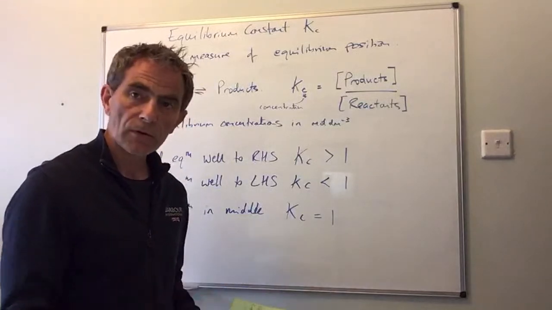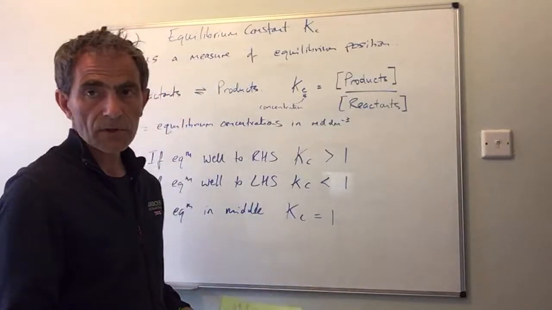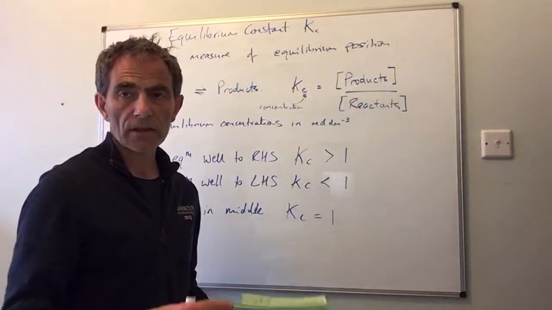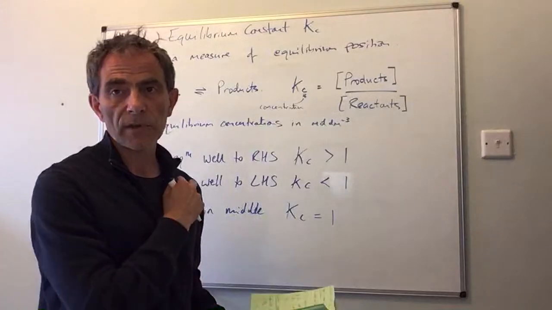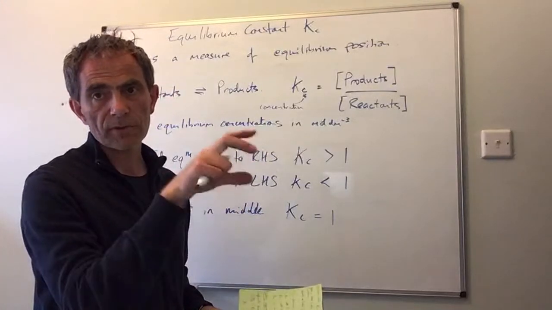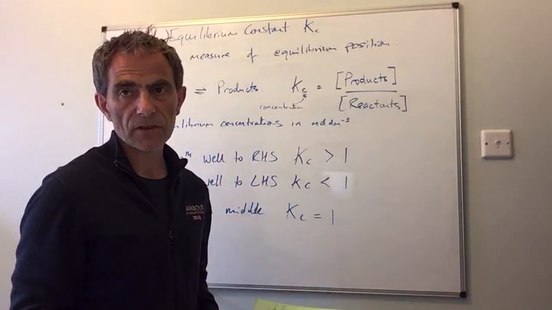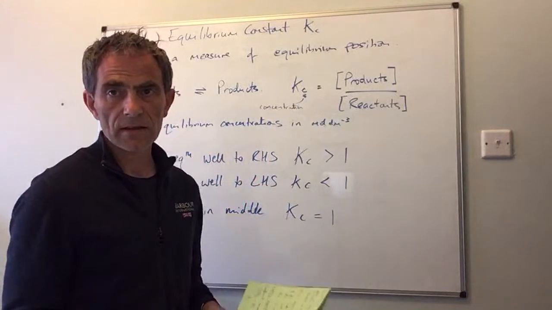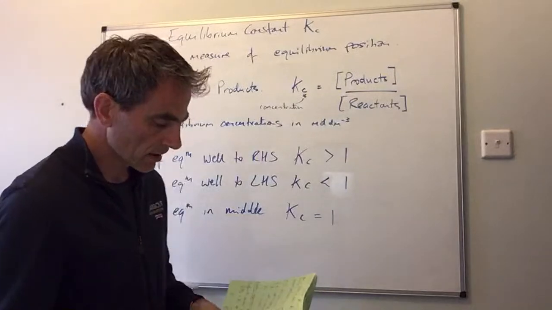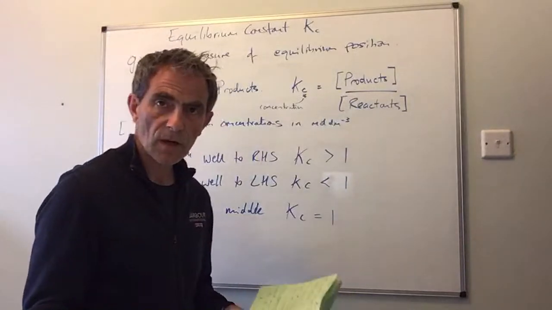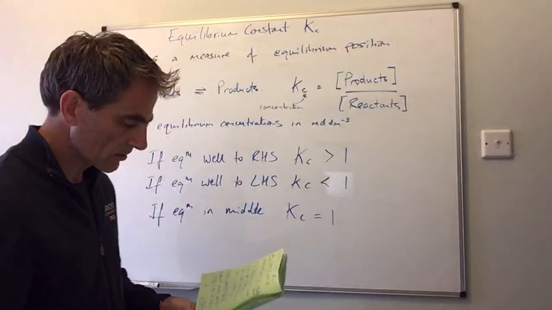So in year 12 we only talk about Kc, but if you're dealing with gaseous equilibria, you can use something called Kp, which deals with partial pressures. So the individual pressure of each gas component in the mixture can be used to calculate the equilibrium constant. You would call that Kp instead. You might have seen it somewhere, but we don't use it in first year chemistry.